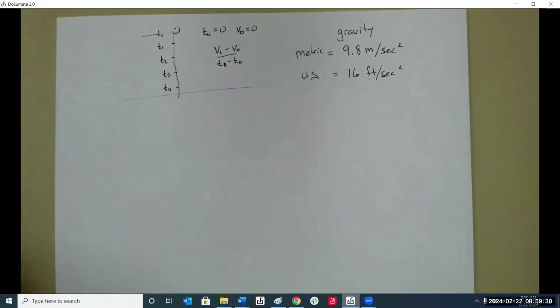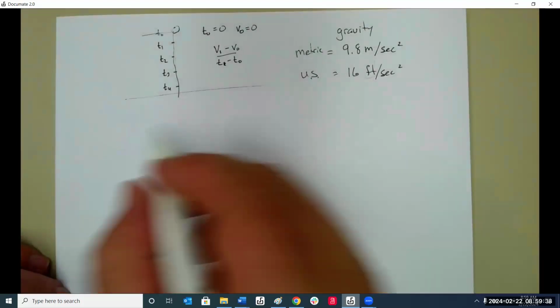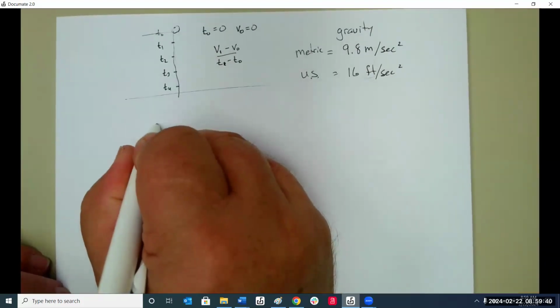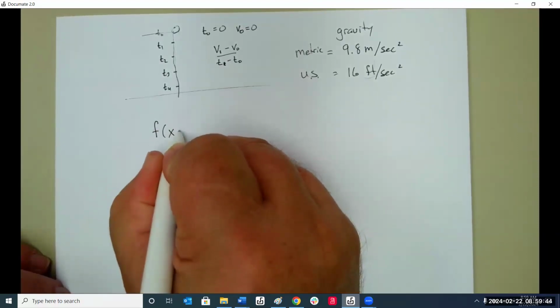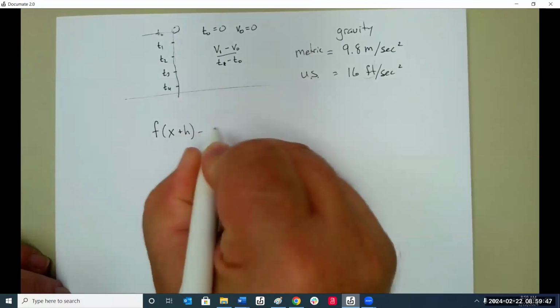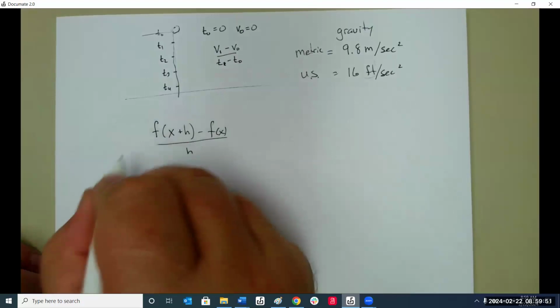So now what do we do with these things? Do we have a formula for it? What's the formula? Well, we have the formula, but the formula is f of x plus h minus f of x over h.